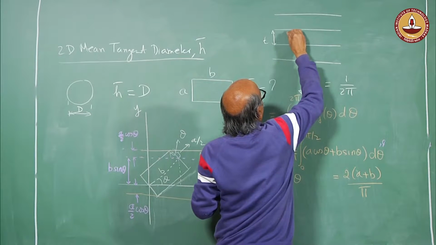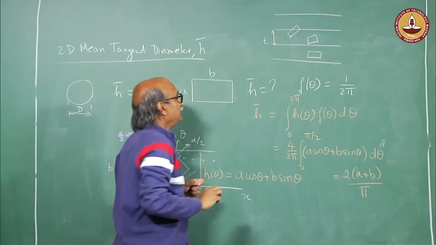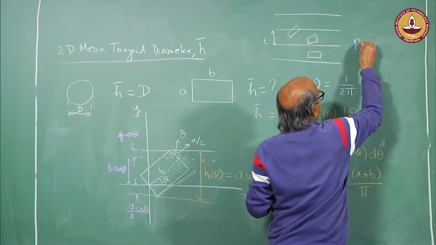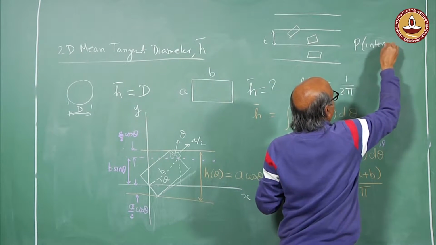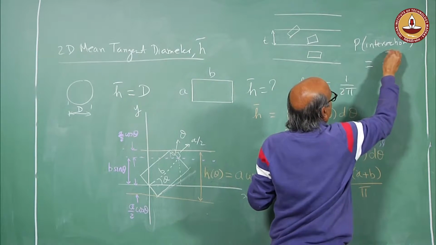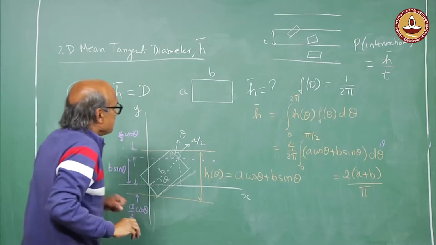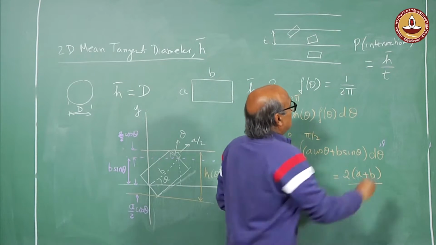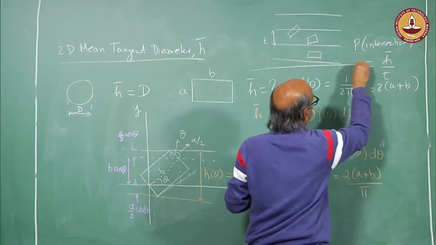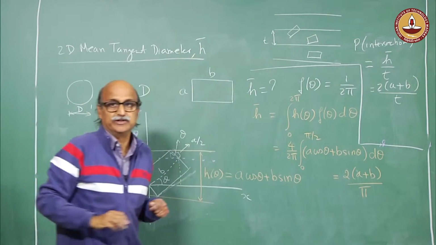So, sometimes I will get an intersection, sometimes I will not. What is the probability of intersection in that case? Probability of intersection with the lines is nothing but h bar divided by t, which is nothing but 2 times a plus b divided by t.